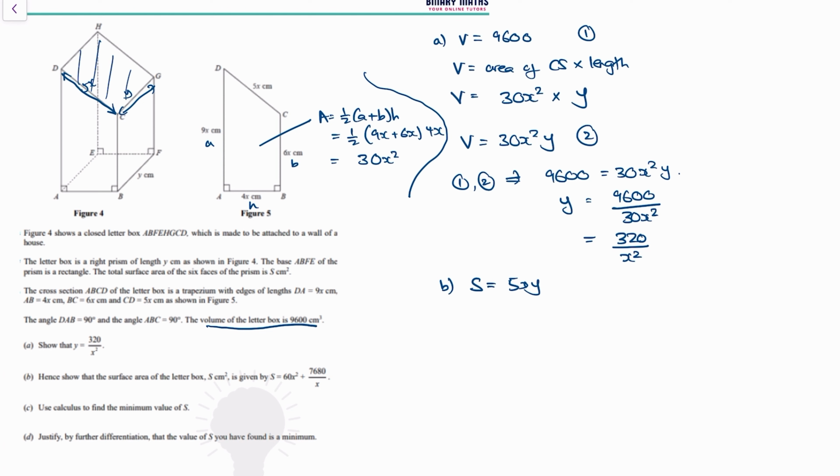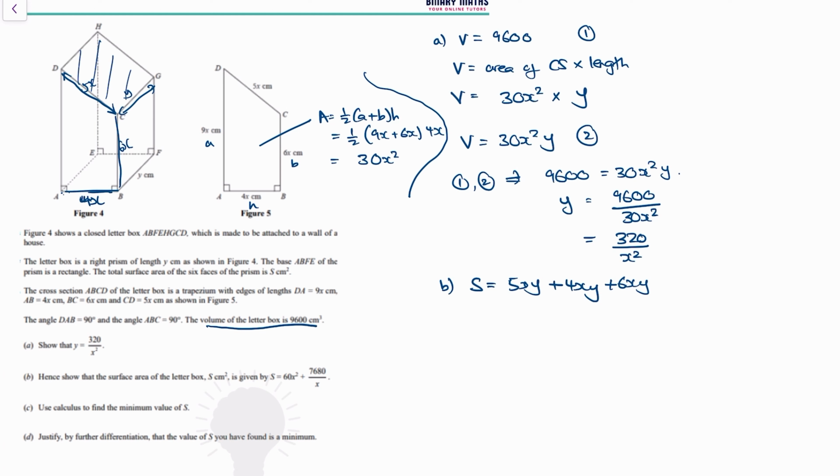The bottom one is y times 4x, so 4xy. This side is 6x, so plus 6xy.